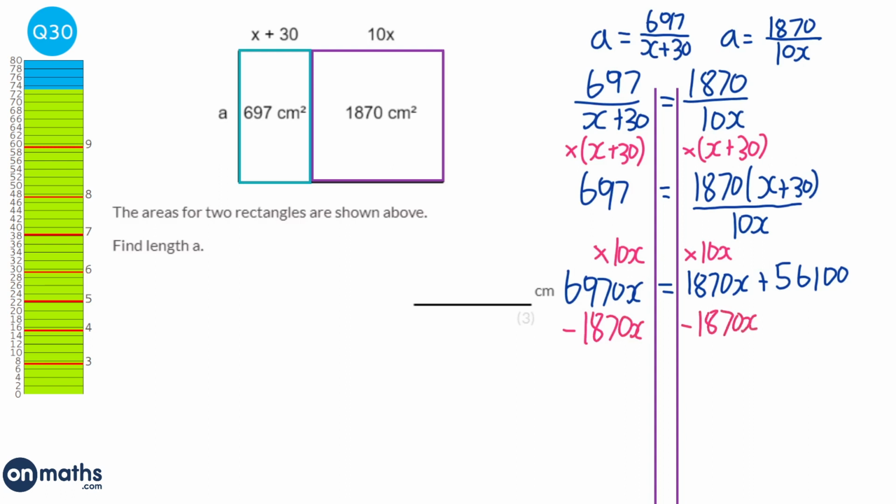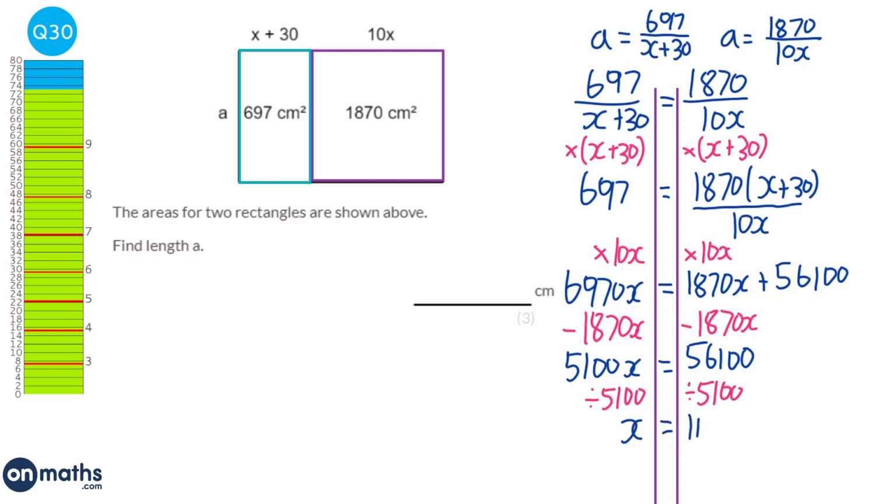And that will leave 5,100x on the left hand side. And then obviously we've got the 56,100 on the right hand side. And we want to get rid of the 5,100, so we're just going to divide both sides by 5,100. And so we've got x equals 11.